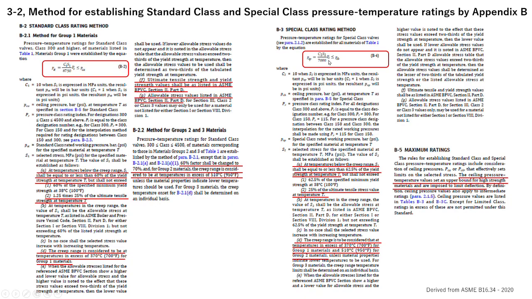And the denominator number is 7,000. So standard class is 8,750, but special class has 7,000 indicated in the denominator. Multiply by PR.